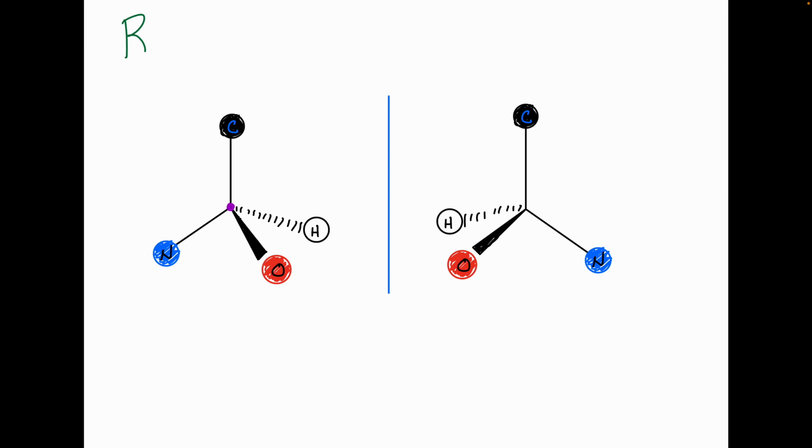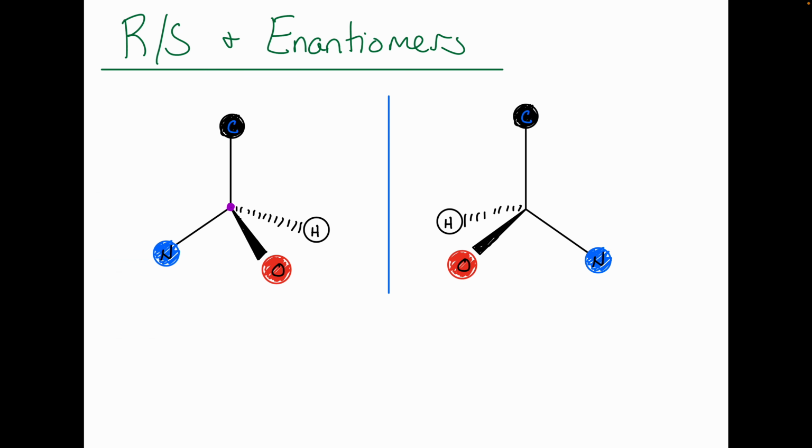All right, so let's look at RS and enantiomers. As we said, this one on the left-hand side was our R stereoisomer. So now let's assign stereochemistry to its enantiomer over here.